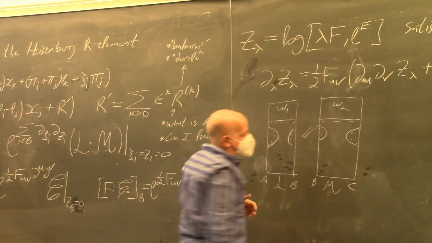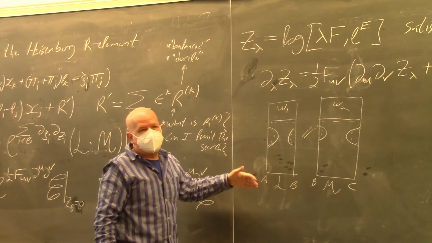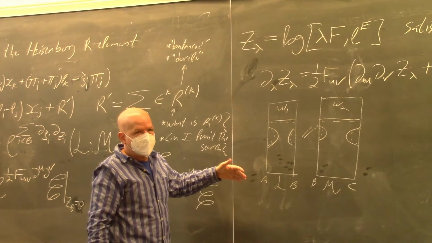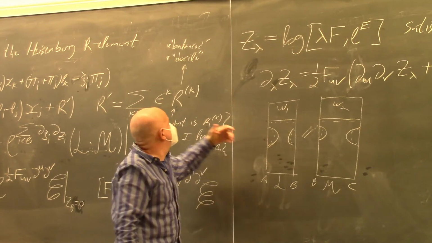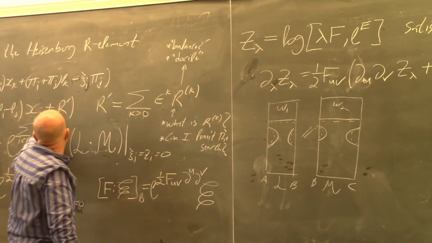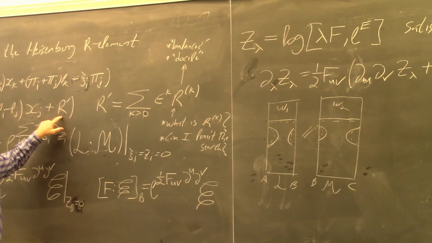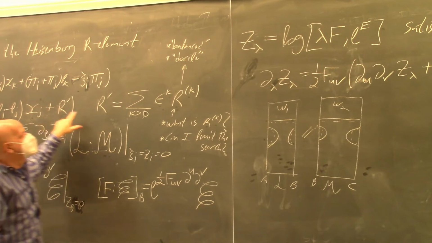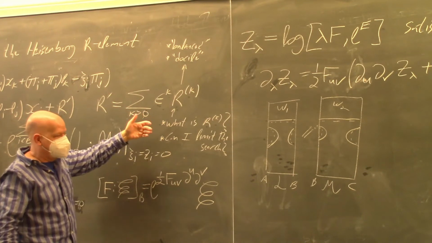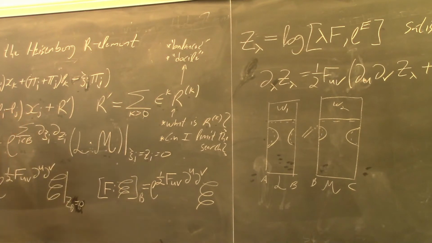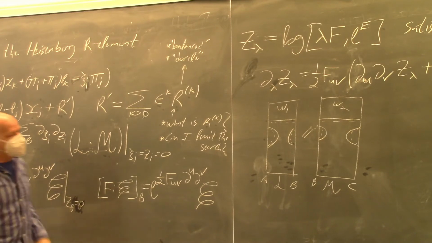Okay? And now, this is the same as what we had before. And now we are also allowed higher order terms, which are also exponentiated, right? We're allowing higher order terms, perturbations, that are dependent on some parameter epsilon, but they also get exponentiated.